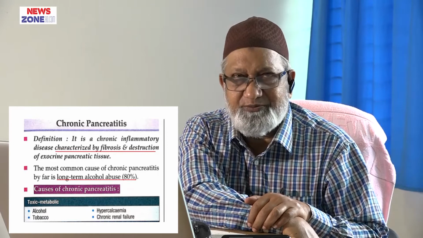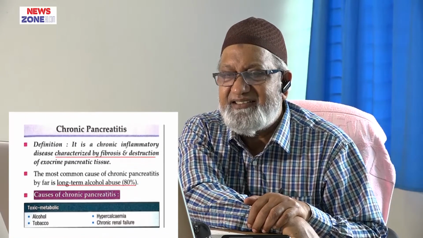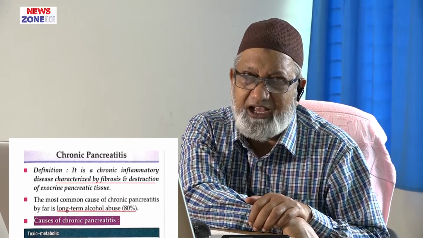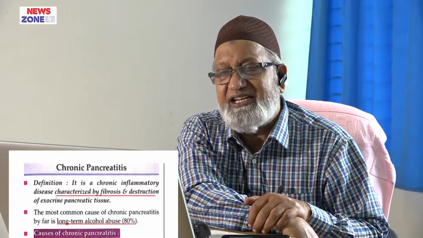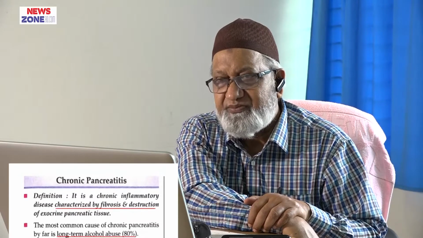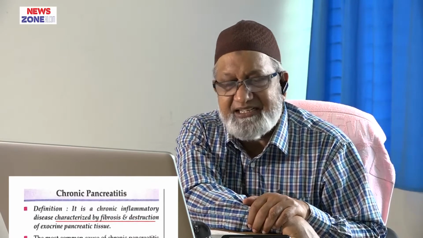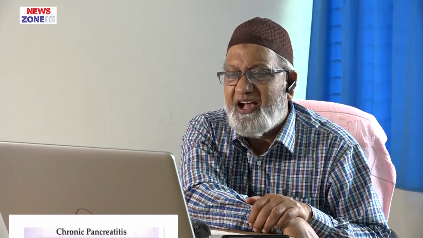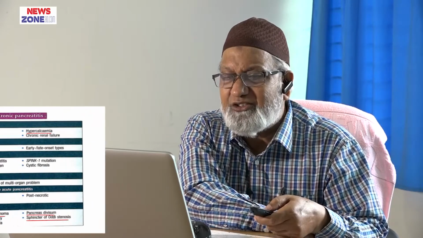The most common cause of chronic pancreatitis is again long term alcohol abuse. More than 80% of chronic pancreatitis is due to alcohol abuse. Other causes are tobacco, hypercalcemia, chronic renal failure, and a few other causes.